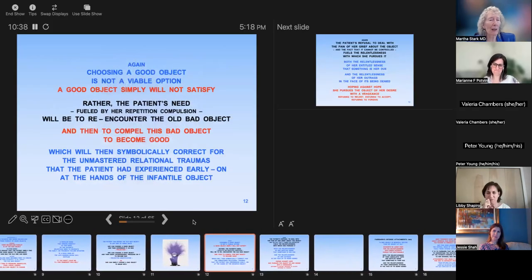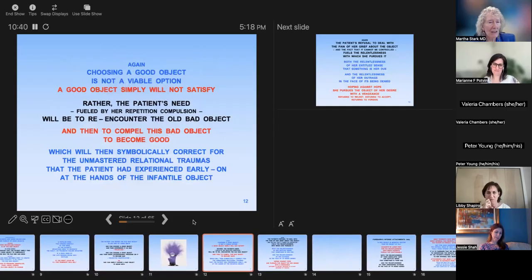Again, choosing a good object is not a viable option. A good object simply will not satisfy. Rather, the patient's need, fueled by her repetition compulsion, or I would rather say her compulsive and unwitting reenactments, means that what she's actually playing out on the stage of her life is to re-encounter the old bad object and then compel this bad object to become good.